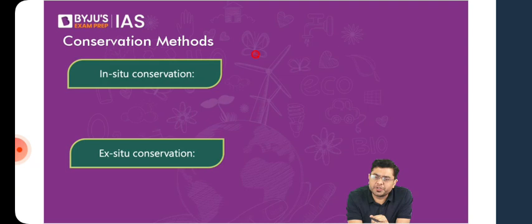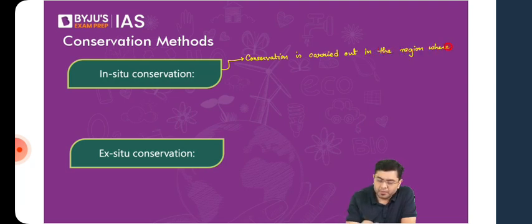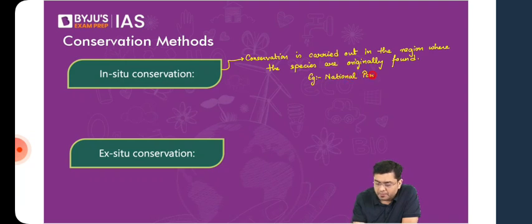Now, coming back to the principle of conservation. When we say in situ conservation, the conservation of the species is carried out in the region where you find them, in the region where the species are originally found. So there only conservation takes place. For example, you have national parks, wildlife sanctuaries, and biosphere reserves.